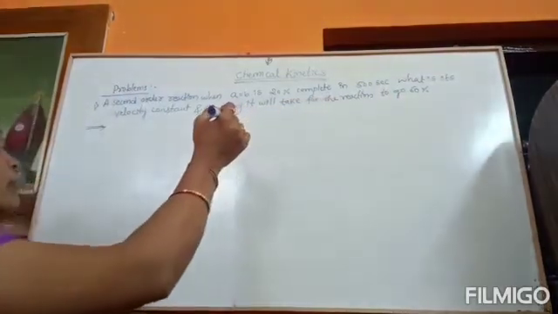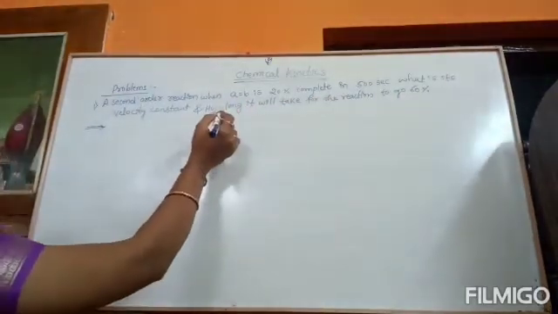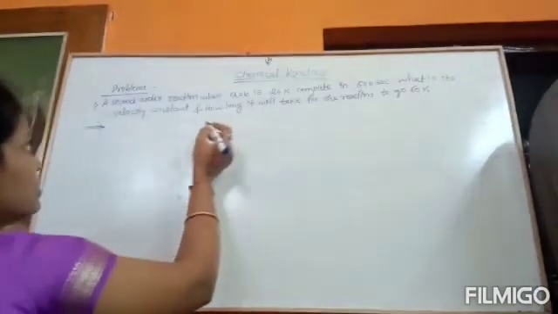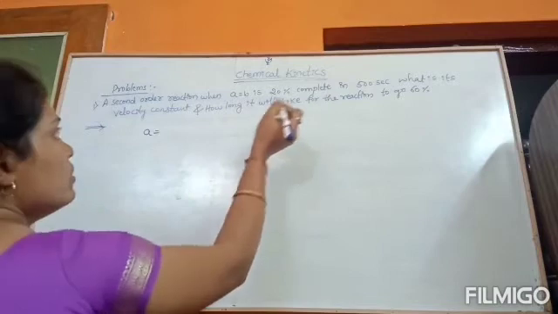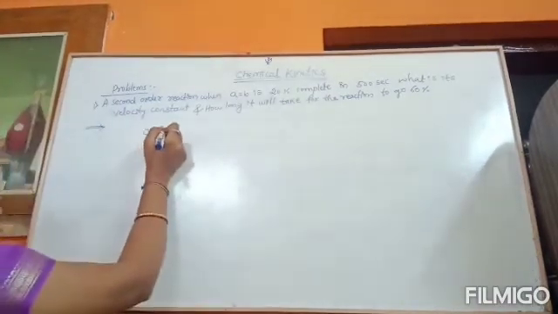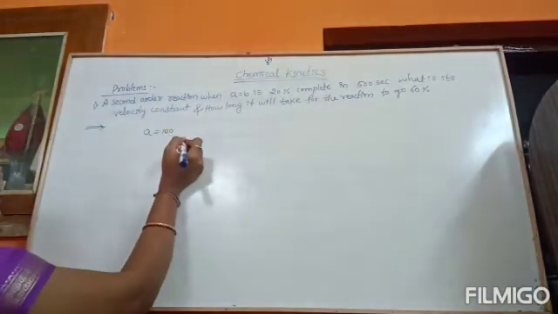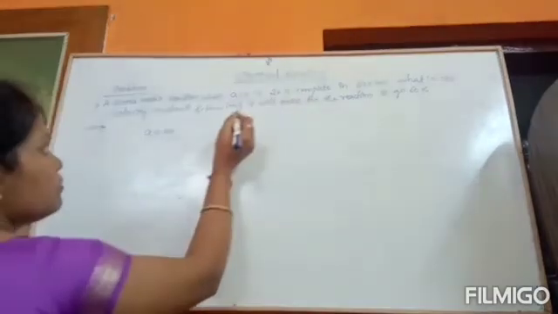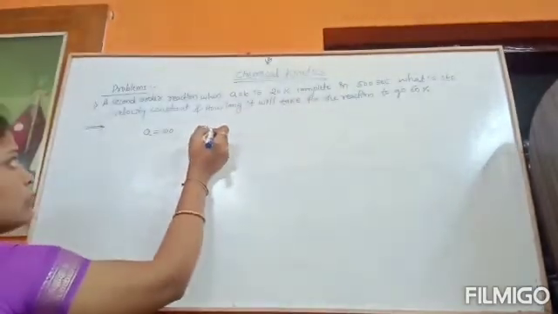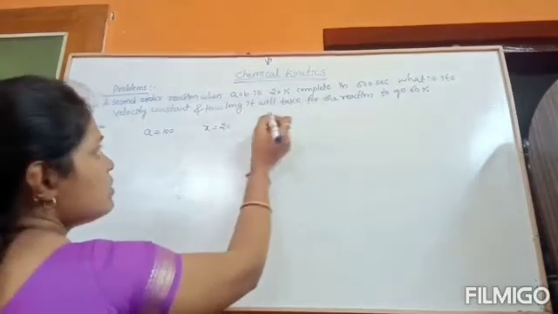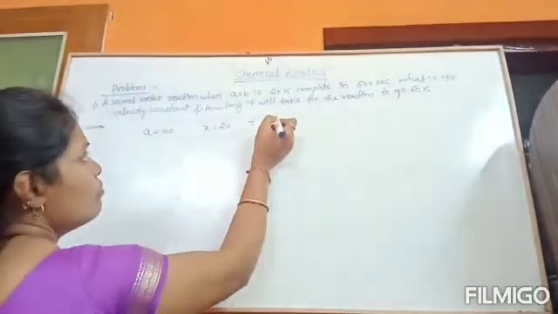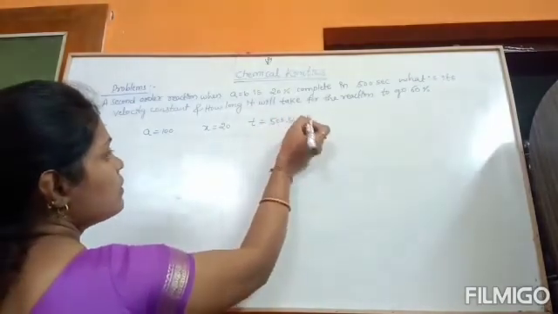In this problem you will come to know the initial concentration and the product concentration. Initial concentration is always taken as 100. At 20% complete, it means x is equal to 20. Then time is given, t is equal to 500 seconds.